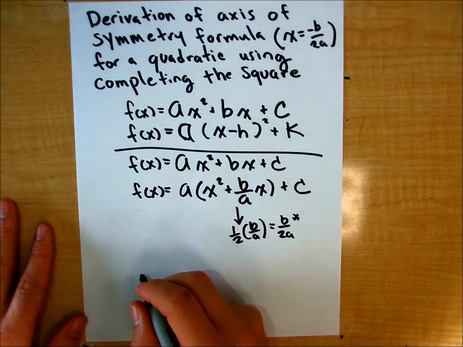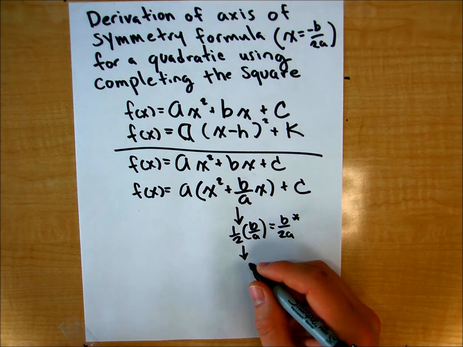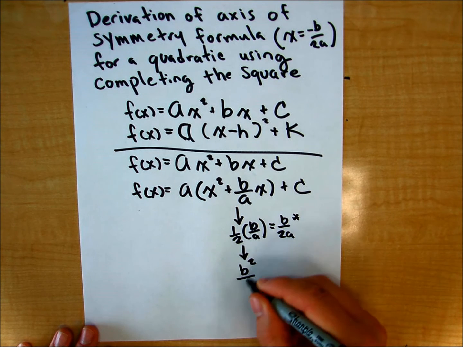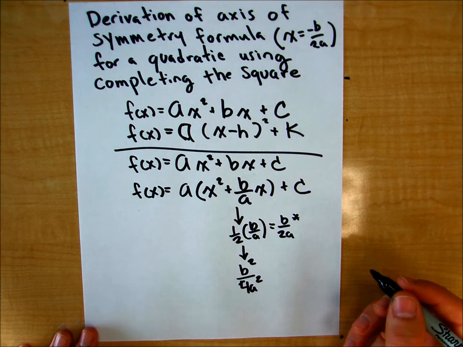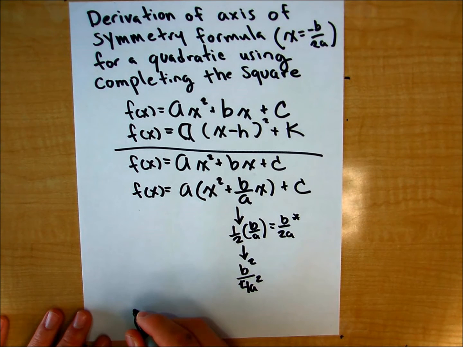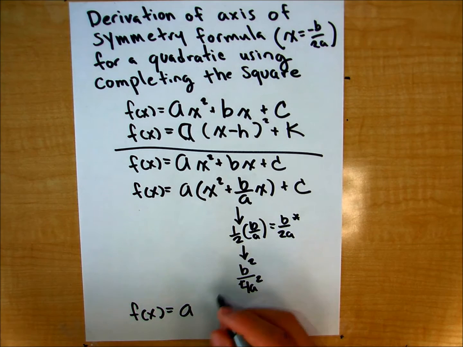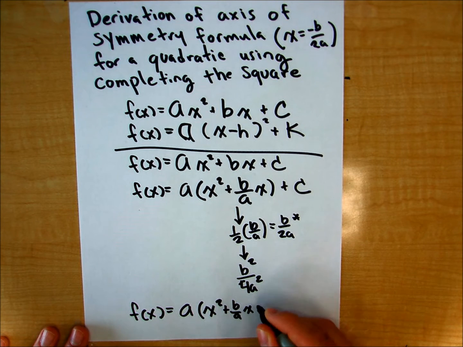And then I'm going to square that. b squared over 4a squared would be squaring that, correct? So that is what I'm going to put in my equation now to get that perfect square trinomial.